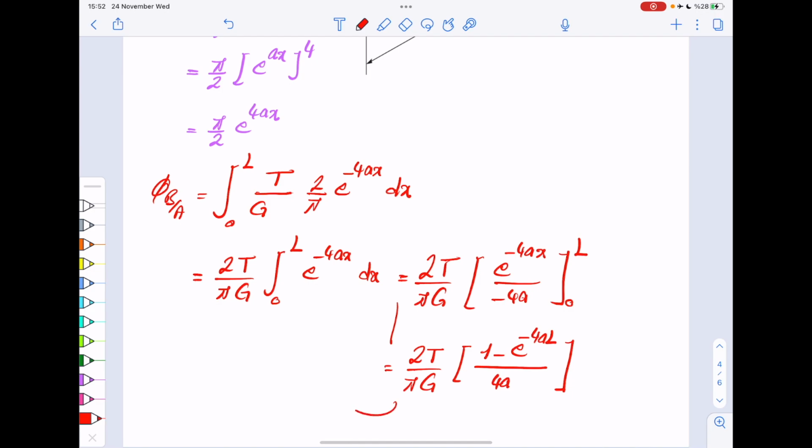That's the answer. If you want to make it maybe more simple, you can also cancel this, and you get T divided by 2 pi G a times 1 minus e to the power minus 4aL.